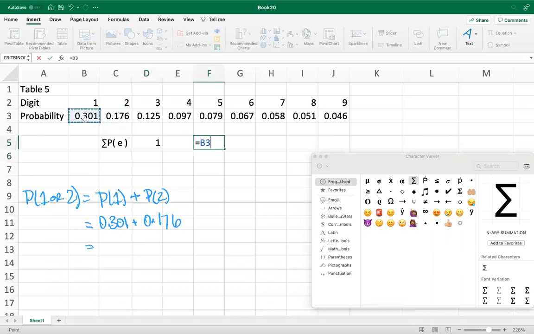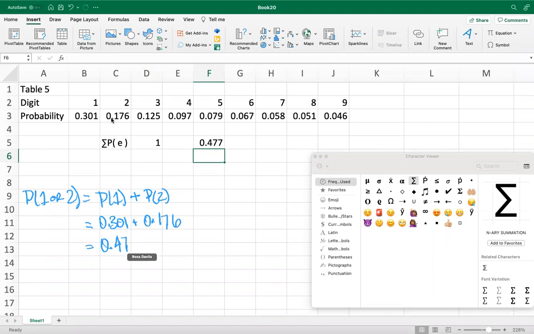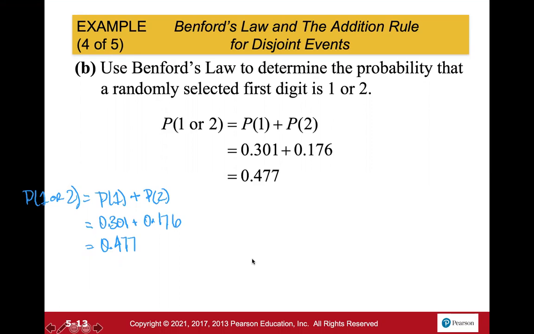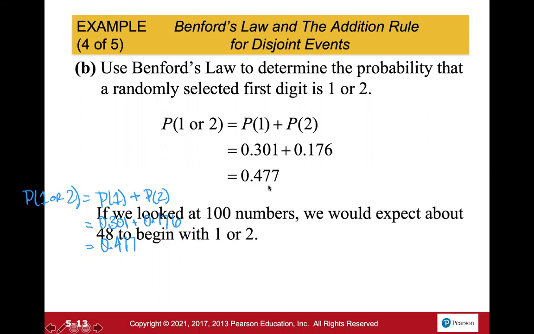Equal to this value plus this value, 0.477. And there we go, that's our probability. So the probability of randomly selecting a 1 or a 2 ends up being 0.477. If we look at 100 numbers, we would expect about 48 of them to begin with 1 or 2.